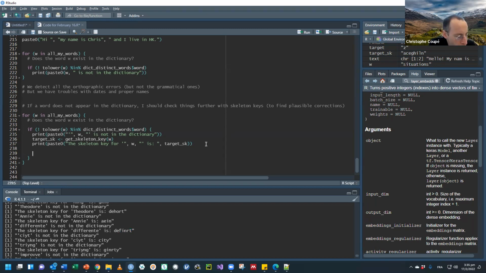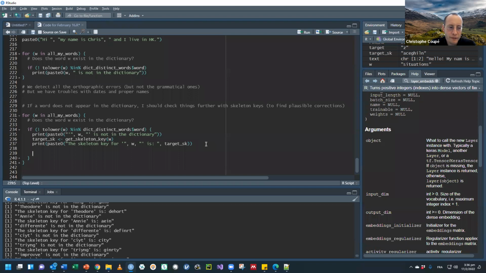What should I write here to check whether there are words in the dictionary which have the same skeleton key as my problematic form? How do I do that? I want to check whether this skeleton key is in the data frame.